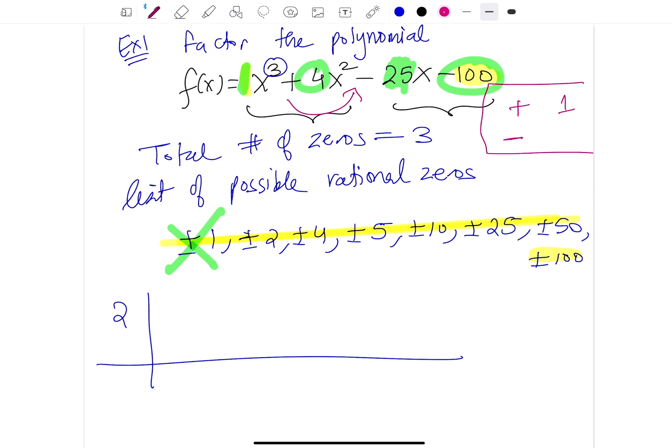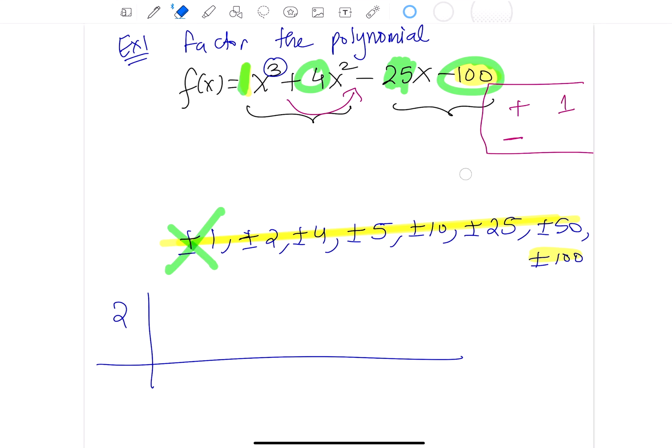That's going to be, f of negative x would be negative x to the third plus 4x squared plus 25x. Let's see, we'll have to write it down. So let me erase this.